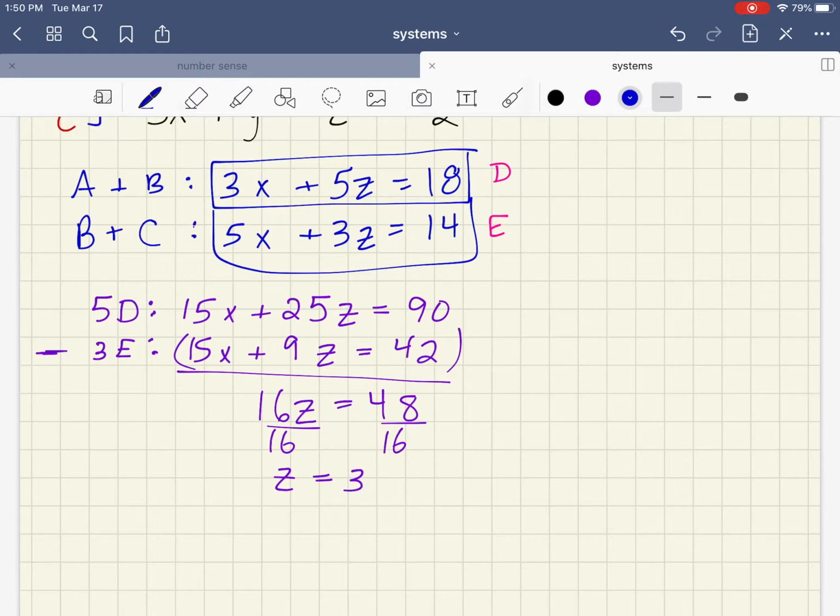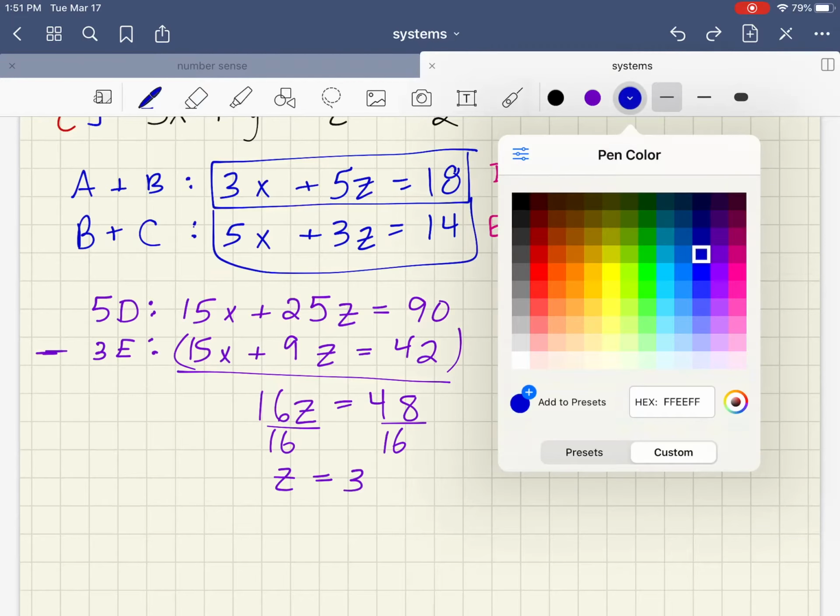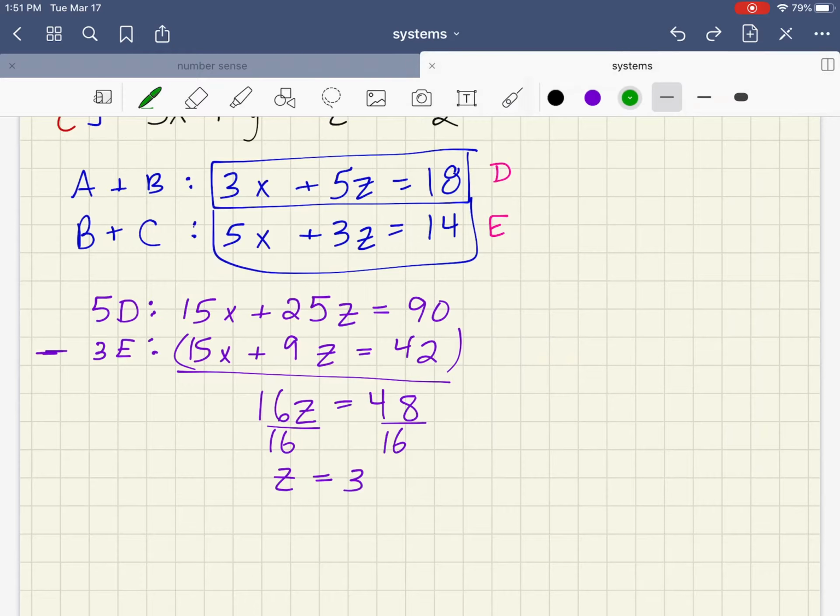Now if I take 3 times D, I'll do it in a different color because I want them to look different here. 3 times D and 5 times E, to eliminate the z's, so we can solve for x. So we're going to get 9x plus 15z equals 54.